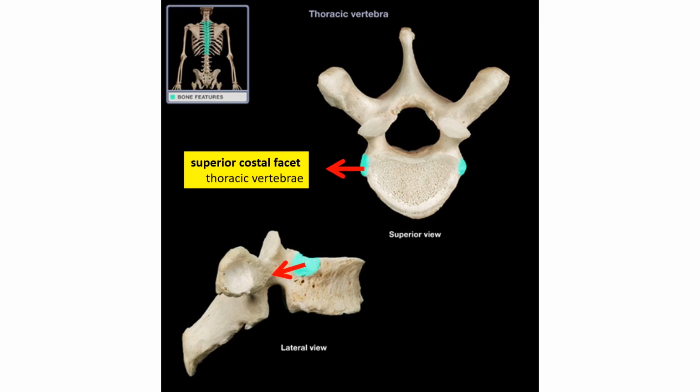Now you can see in this view that the vertebral foramen is not blocked by green color, but the green colored structure is what? It is a facet on the body of the thoracic vertebra for articulation with the rib, and it's called here the superior costal facet, because there is another one which is called the inferior costal facet.